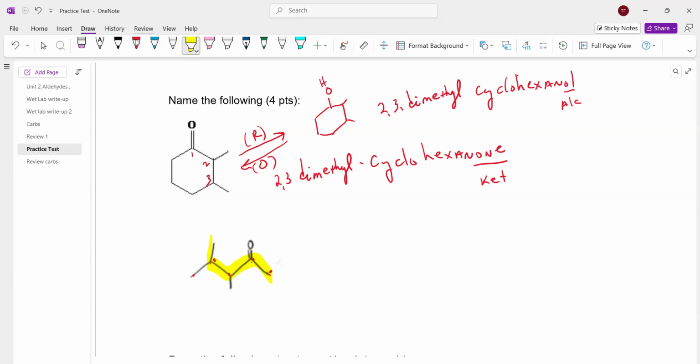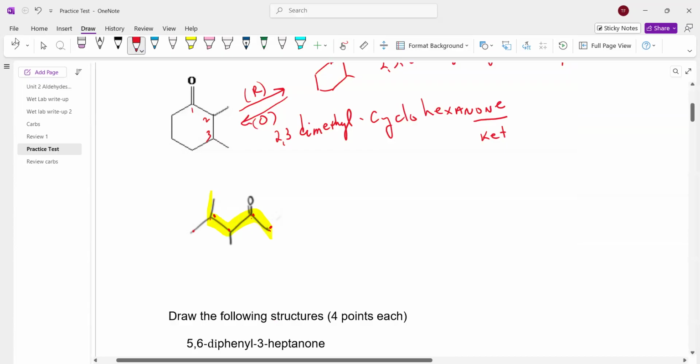Let's take that one. It'd be better if we numbered from here, because the functional group number would be lower.